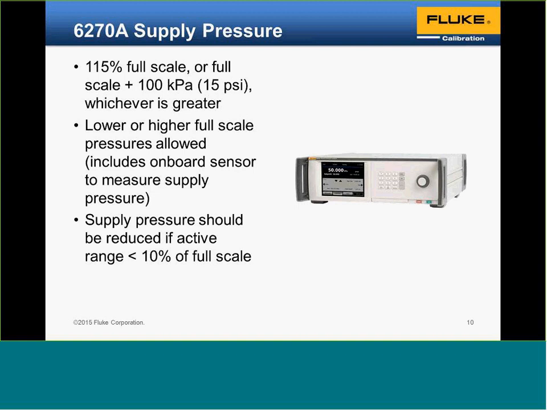Next is the 6270A. Its supply pressure requirement is similar to the 7250, but a little bit different. Recommended is 115% of full scale, or full scale plus 100 kPa, whichever is greater. That looks the same as the 7250, but it does offer usage with lower or higher full scale pressures, and an onboard sensor to measure the supply pressure and adjust the control algorithm accordingly.